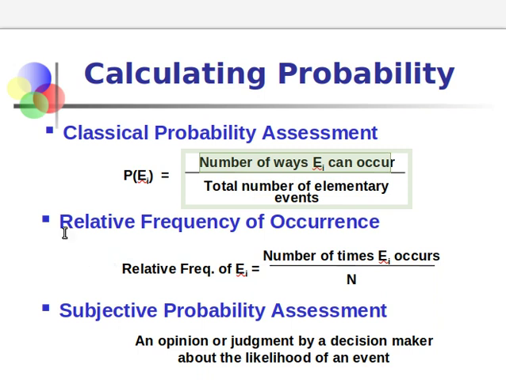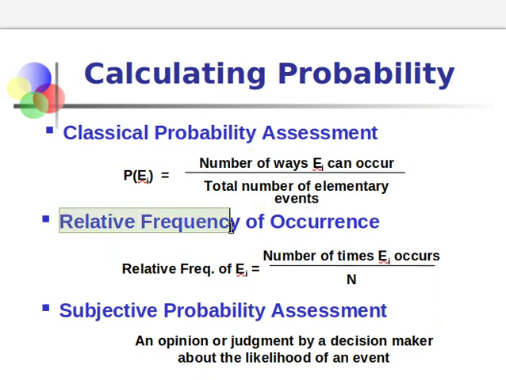The second way to calculate probability is the relative frequency of occurrence. I'm sure you are by now familiar with the term relative frequency from our previous laboratory exercises.